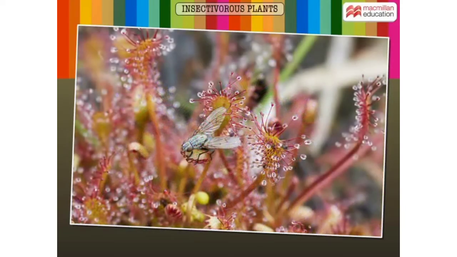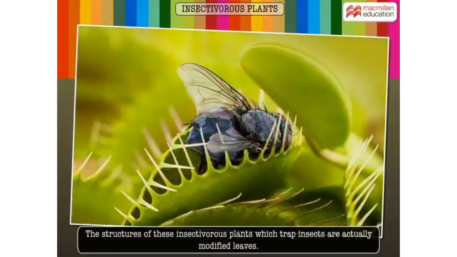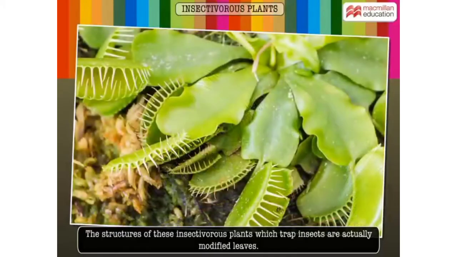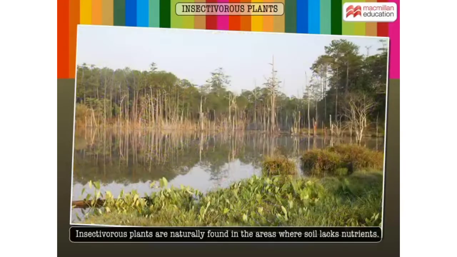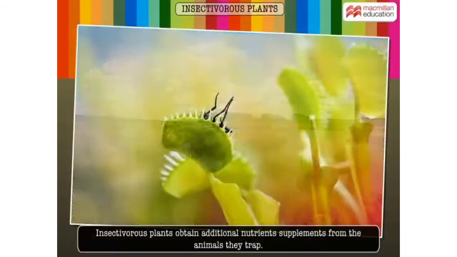There are some beautiful plants, but you can't believe they feed on insects. Plants that feed on animals, especially insects, are called insectivorous plants. The structures of these insectivorous plants which trap insects are actually modified leaves.